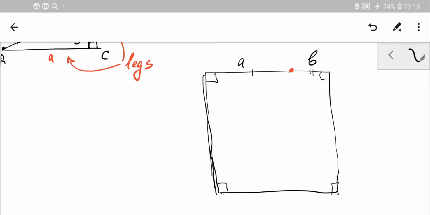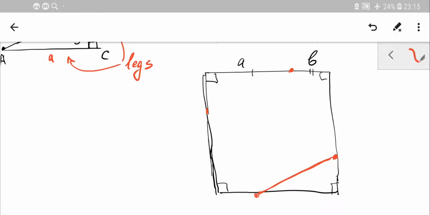So actually this red point splits this side into two parts, A and B, okay? So we choose the same ratio, I mean A to B, on this side, and on this side, so that we will have a square that is turned, okay?